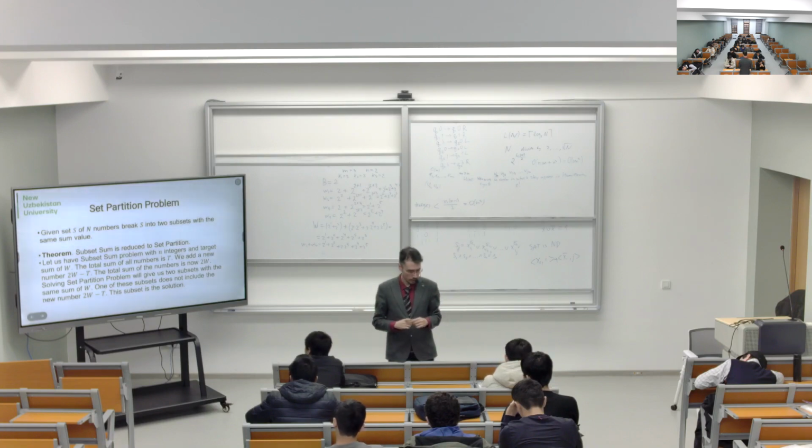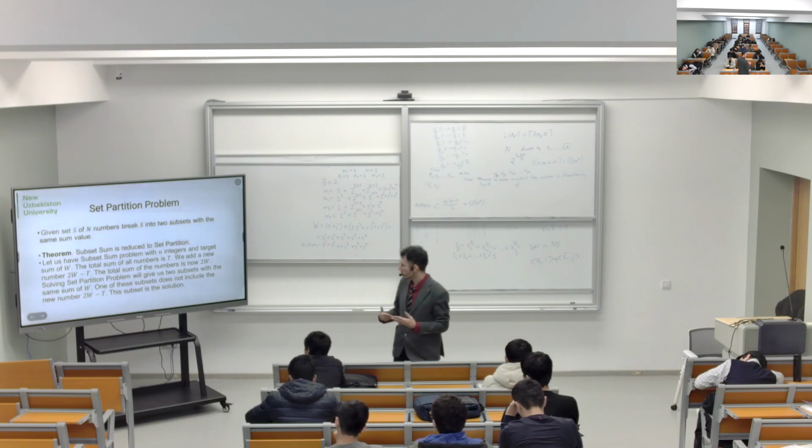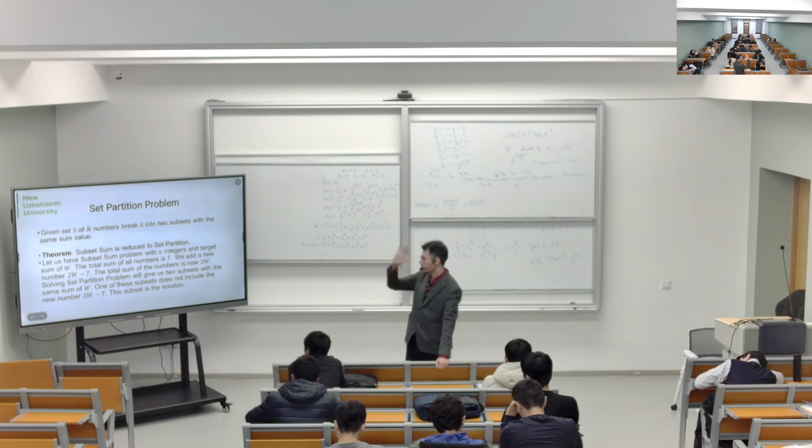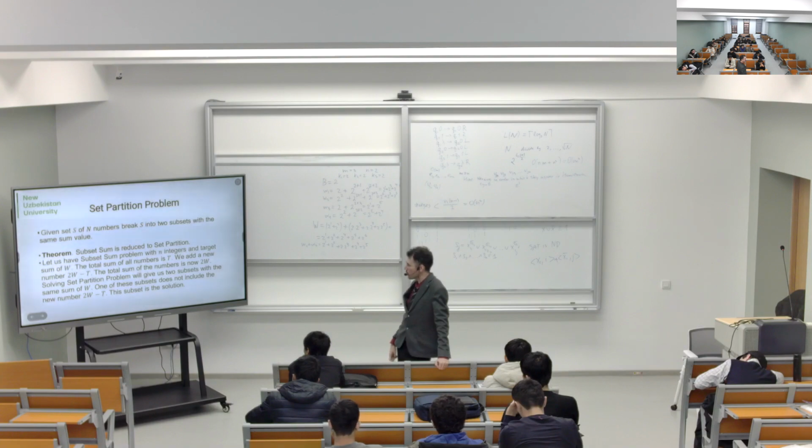So what we have, we need to match these numbers, yes? So subset sum is reduced to set partition. Let us have the subset sum problem with n integers and target sum of w. The total sum of all numbers is t. We can easily calculate the total. It is not a hard problem, it is polynomial time.